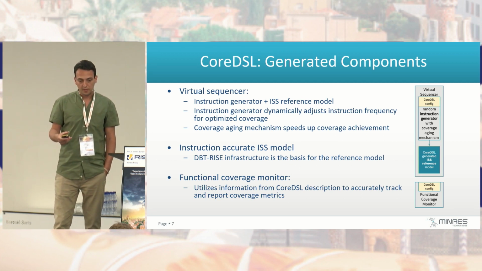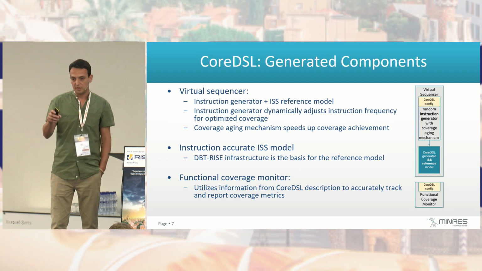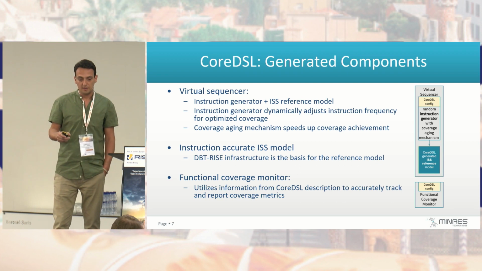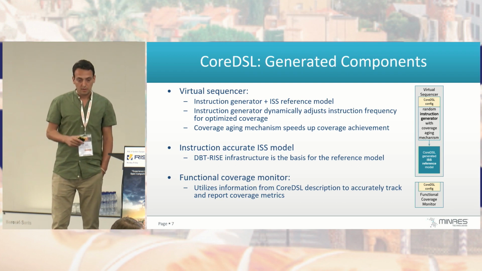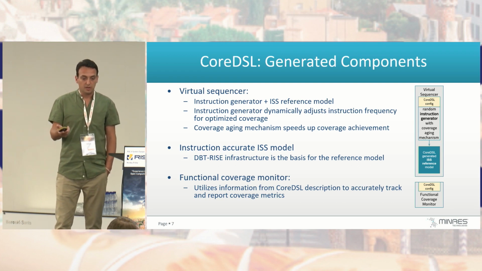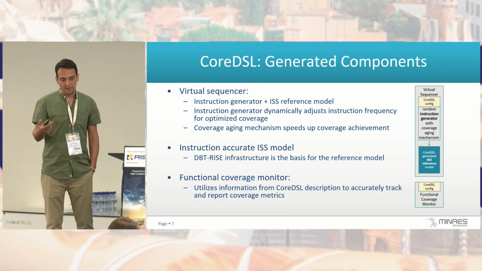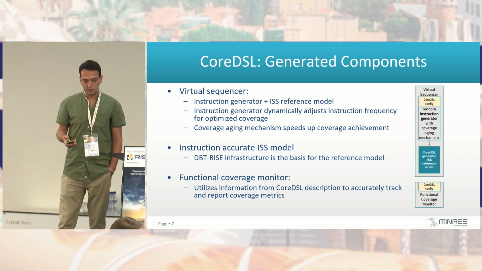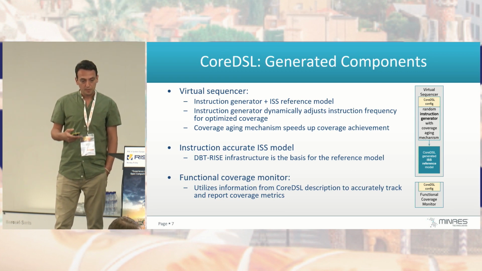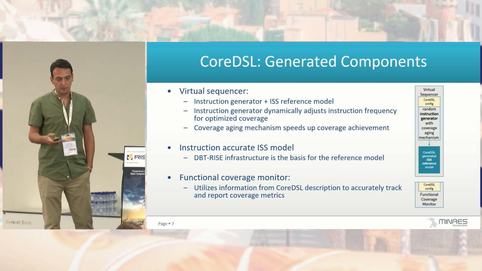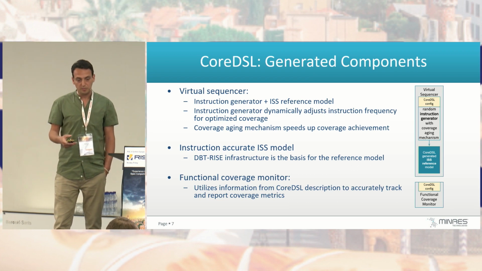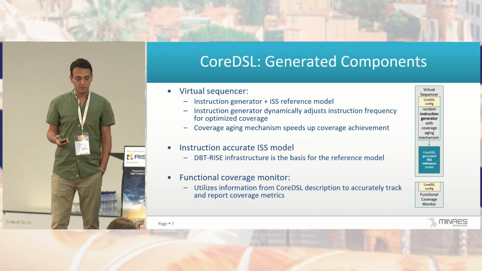So it can randomly pick an instruction from the generated list, and it also tracks all executed instructions and dynamically adjusts the instruction frequency to optimize coverage. So this coverage aging mechanism allows us to speed up achieving good coverage.